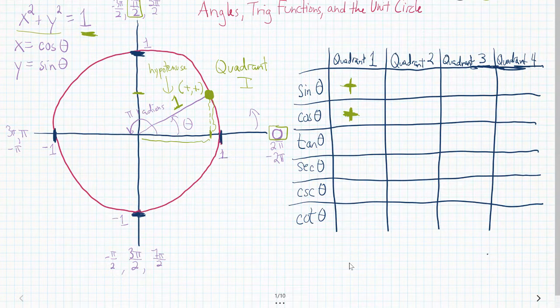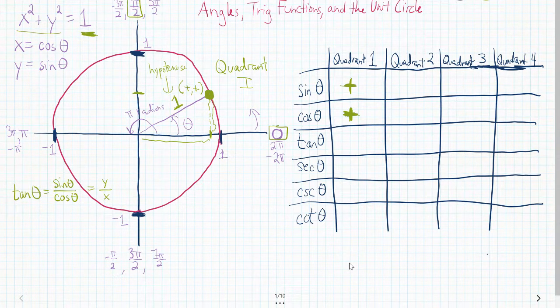Okay. Well, tangent theta. Here's where we can break down our trig functions. Now, a lot of people like adjacent, opposite, and hypotenuse, all involved with the triangles, and people like to work with that. I would highly recommend using sines and cosines for all the rest. So tangent theta is just sine of theta over cosine theta, which in this case would be the y value over the x value, right?